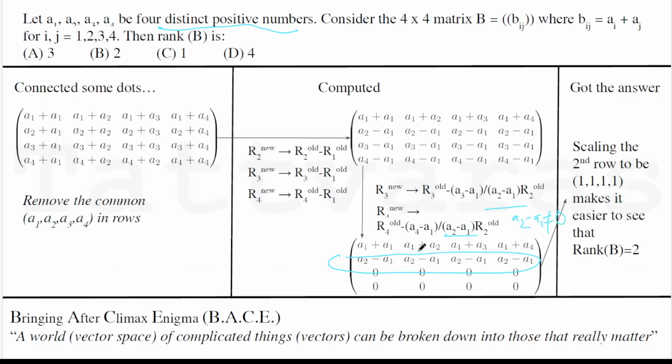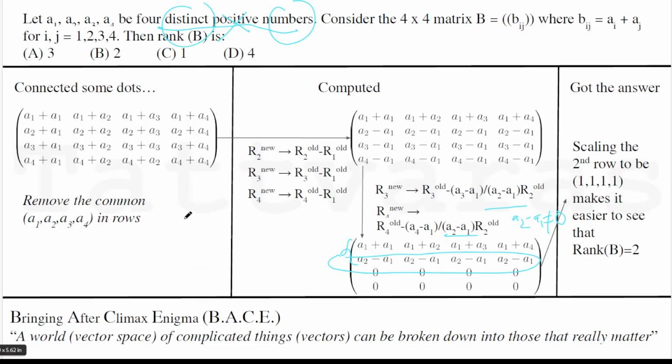And once we have these 2 rows, we see that they are linearly independent, as in they are not scalar multiples of each other. Hence, the rank of this matrix is 2. And that's it. Interesting thing, even if we did not have this positive in the question, just this distinct would have sufficed. Think about it.